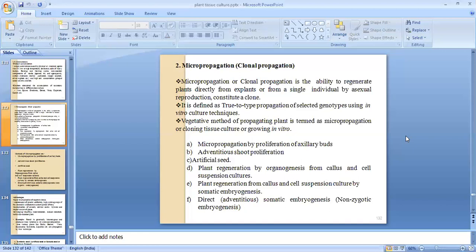And the same, plant regeneration either from the callus or suspension by somatic embryogenesis, or sometimes direct somatic embryogenesis can be brought about. These are the ways in which micropropagation is playing its role.